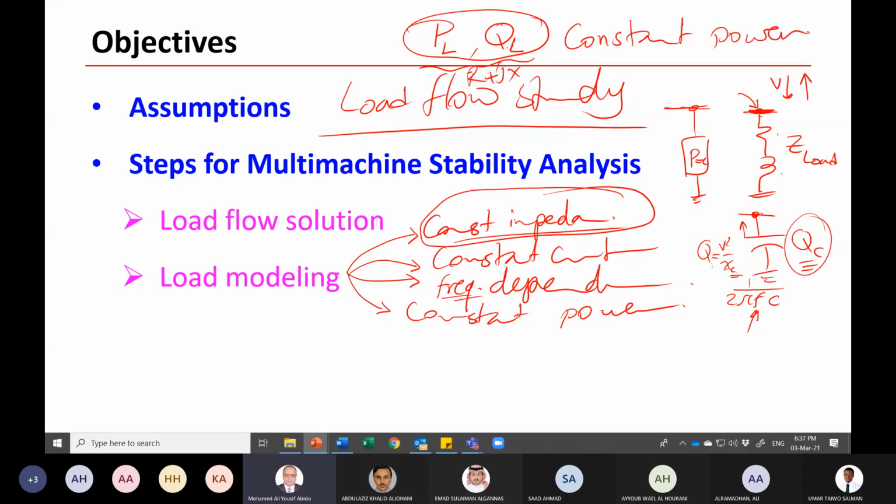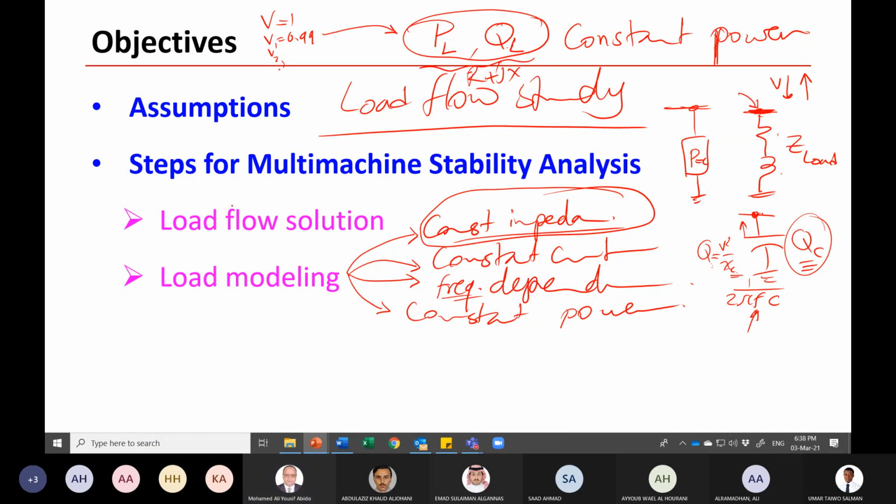And of course this is constant even during the solution. During the solution you carry out 3-4 iterations, right? You start flat, V equal to 1. After the first iteration, maybe the voltages V1, V2, V3 equal 0.99. But you still consider the load is PL and QL.